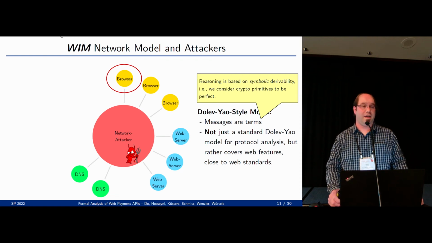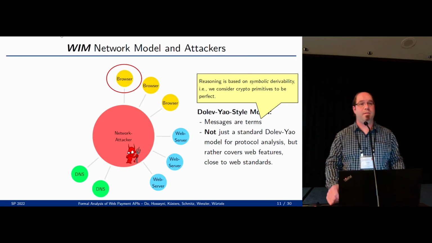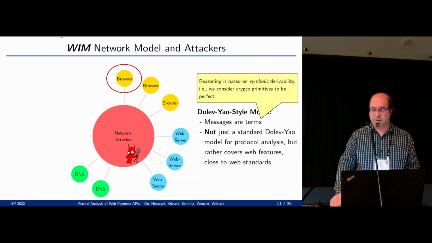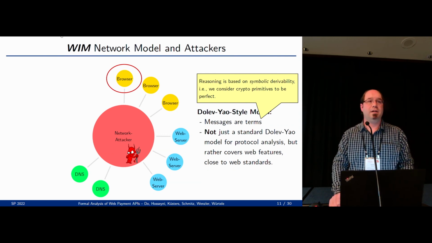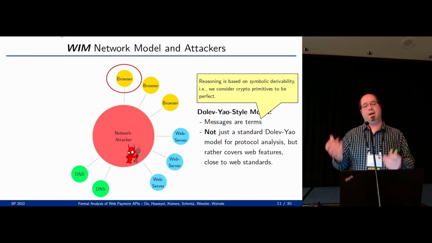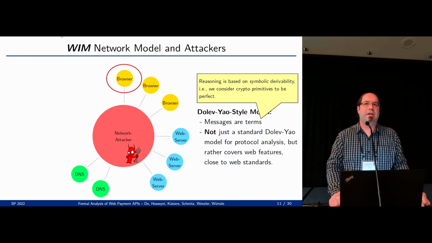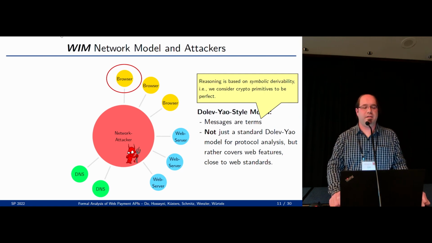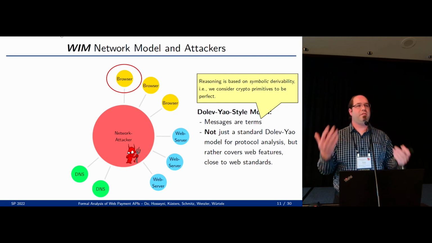Right. That is correct, and that's a very good question. At the moment, the WIM is a pen and paper model, but we are currently working on a new approach for mechanized analysis that is based on F-star. For this, we created a new framework called DY-star, which is a new mechanized framework for protocol analysis, because one problem with the WIM is we essentially don't restrict the model itself.